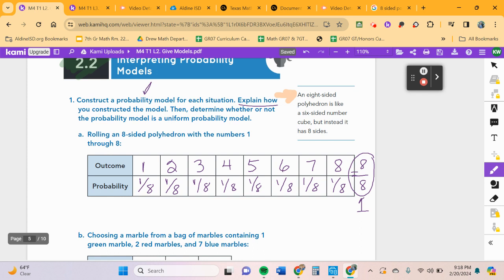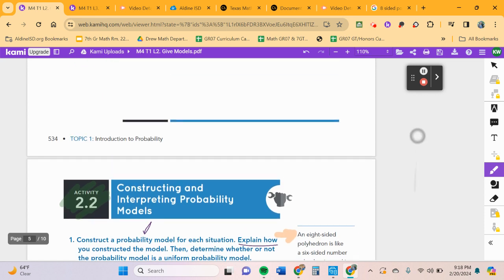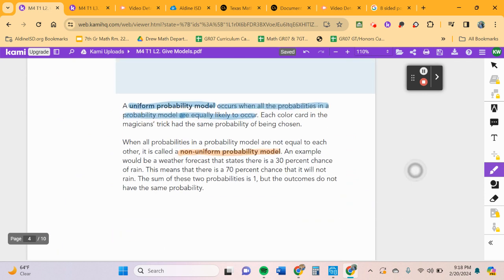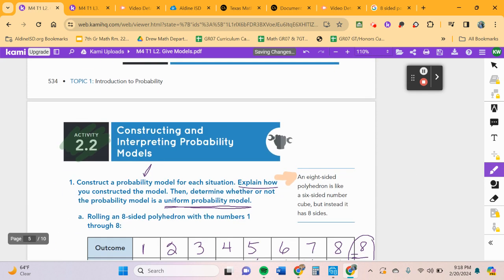So as you're constructing them, make sure you're explaining with your partner or explaining to yourself out loud. And then you're determining whether or not it is a uniform probability model. Now let's go and remind ourselves what a uniform probability model is. A uniform probability model is when all the probabilities in a model are equally likely to occur, meaning they have the same chance or same probability.